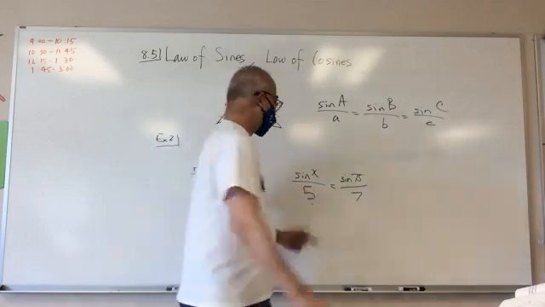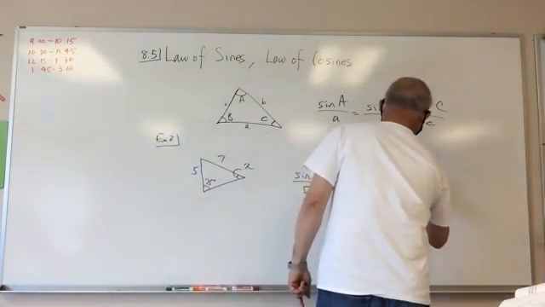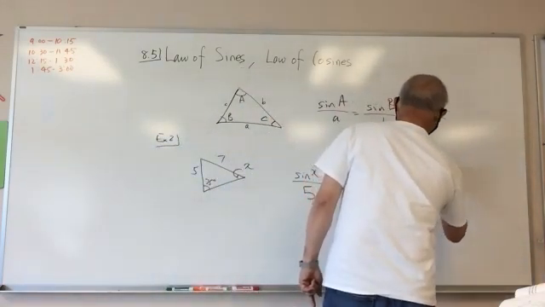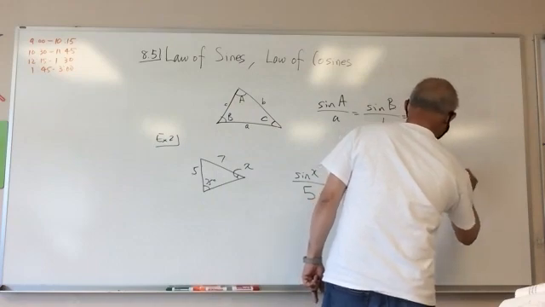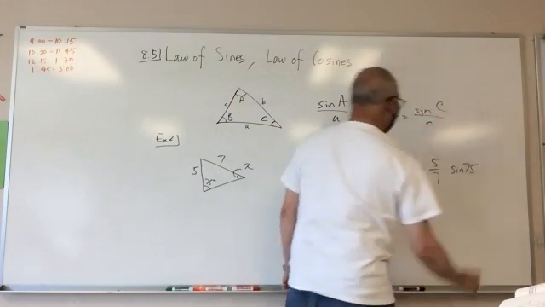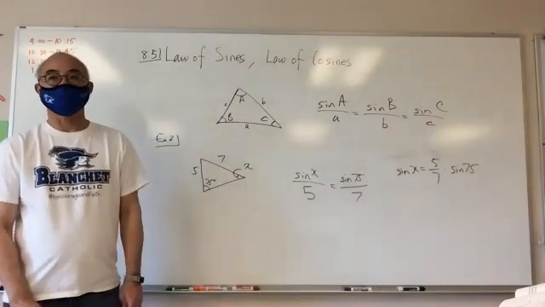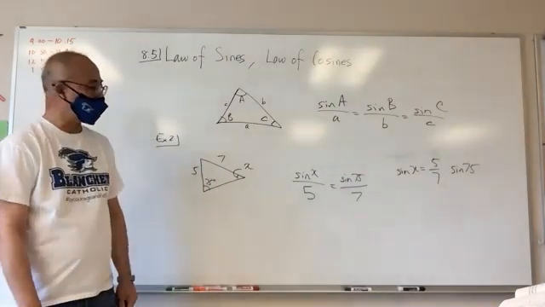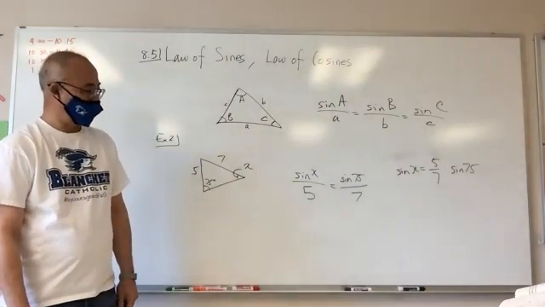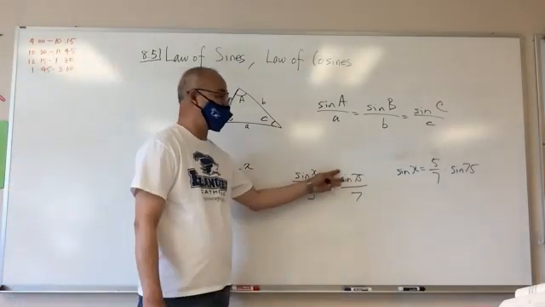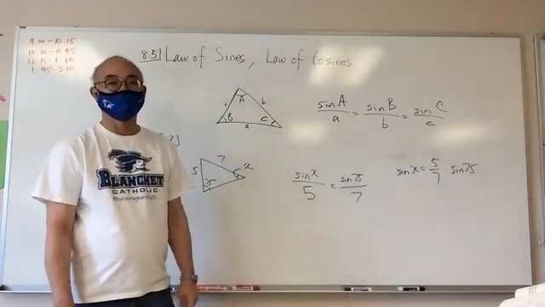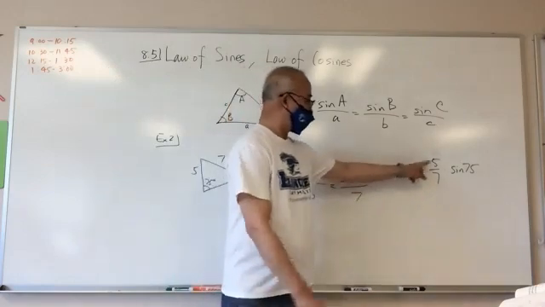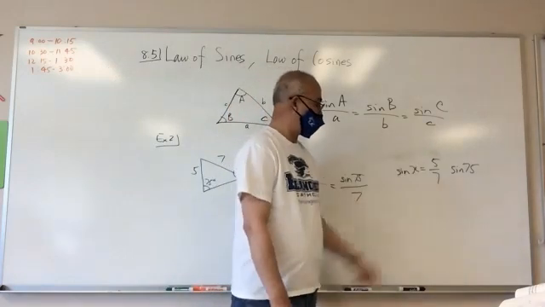So sine of x is going to be equal to 5 over 7 sine of 75. I'm not cross multiplying, I'm just multiplying by the 5 over here is all I'm doing.